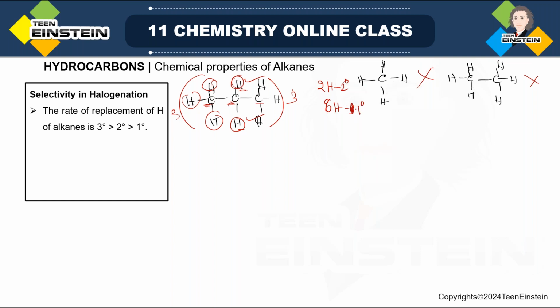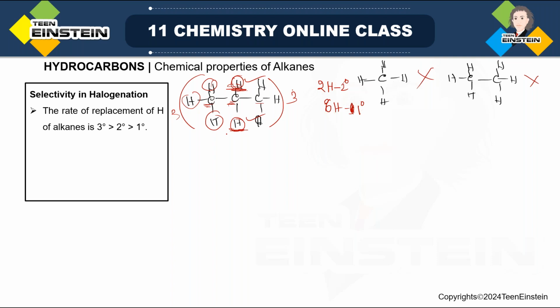Now the rate of replacement: 3 degree, 2 degree, 1 degree. In this case, you do not have 3 degree, but you have 2 degree. So the chance that these 2 hydrogens will be replaced by halogen, that probability is higher compared to the other 6 hydrogens. What is the reason behind it? The reason is it is a radical mechanism, and when you have 2 degree radical, that is more stable.